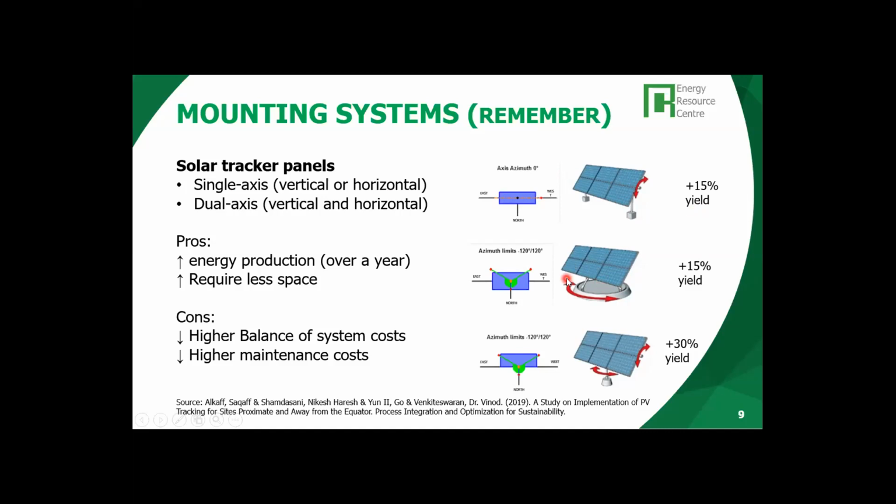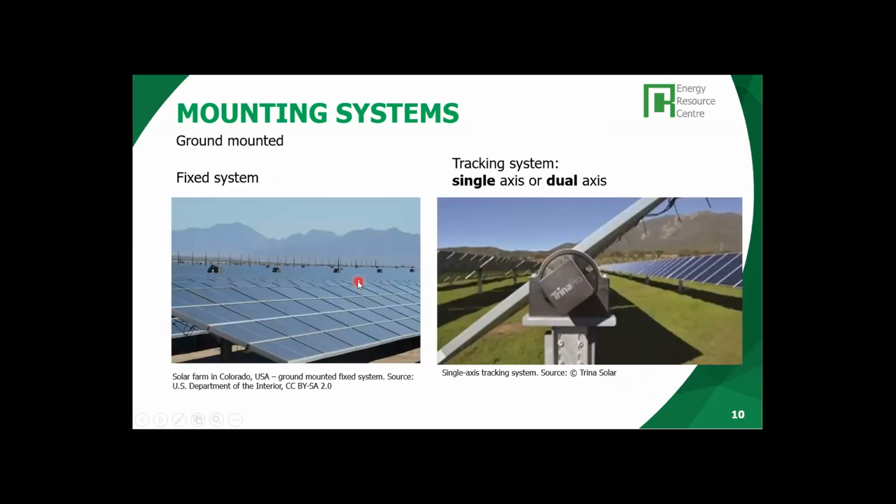Again, more or less, you can consider 15% extra generation. If we have both axes, obviously we can increase the production about 30% compared to a fixed system. We have already seen pictures, and we will see some more later on in this session.